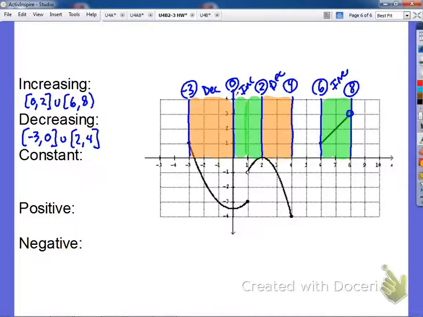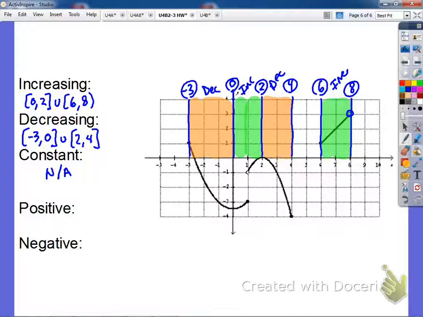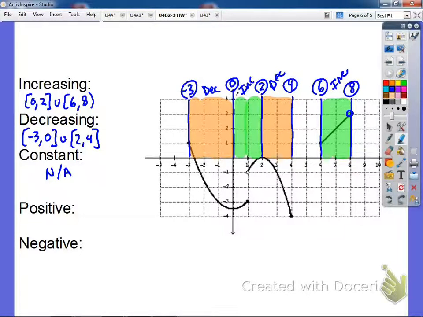Is the graph ever flat, level? No. So it's not applicable. Where is the graph positive? Well, I see a little sliver right here where it's positive. And where else is it positive?